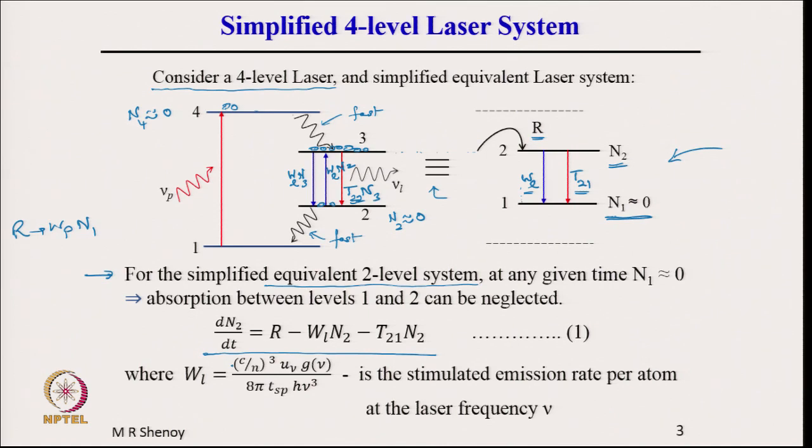So, dN2 by dt, where N2 will get populated and positive, it will increase because of R, it will decrease because of a downward stimulated transition, and it will decrease because of a downward spontaneous emission transition, where WL is the stimulated emission transition rate per atom at the laser frequency nu.